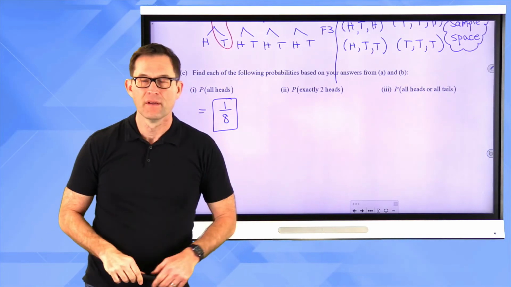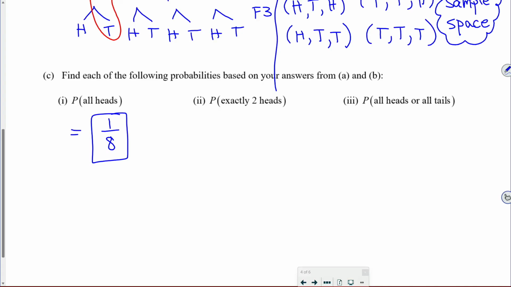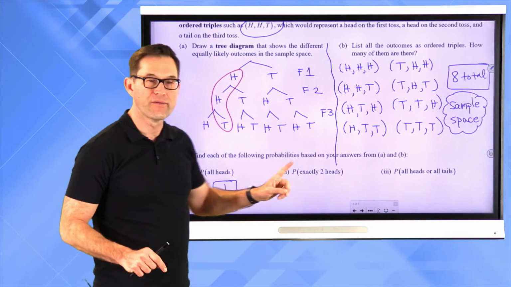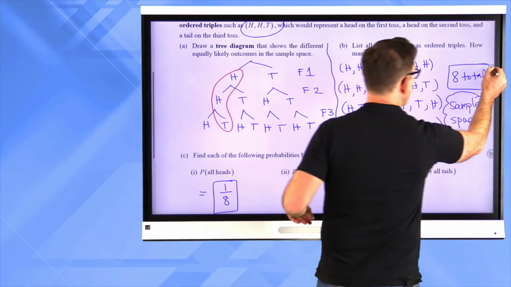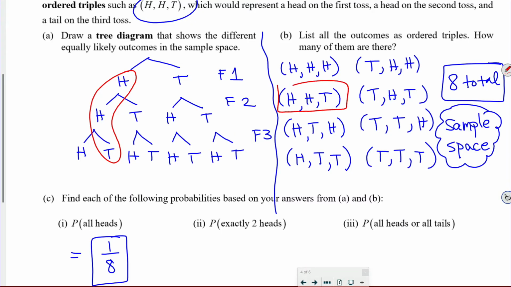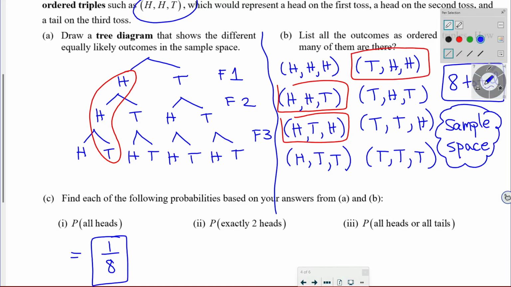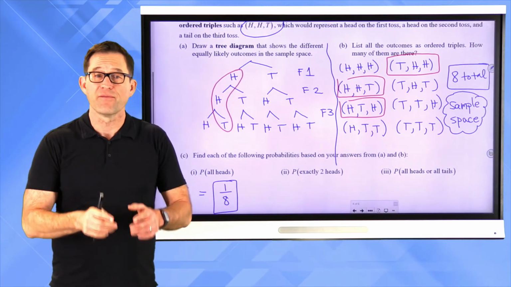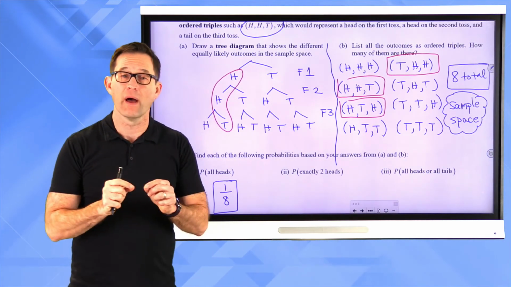Number 2, the probability of exactly 2 heads. Well, that can happen in quite a few different ways. Let me highlight them here. Exactly 2 heads: here's one, and here's one. So there are 3 equally likely outcomes that fall into the event exactly 2 heads.